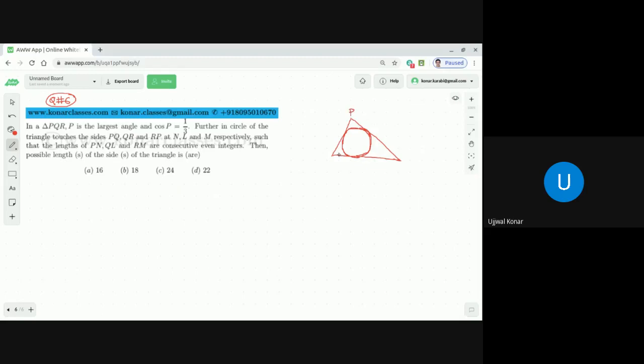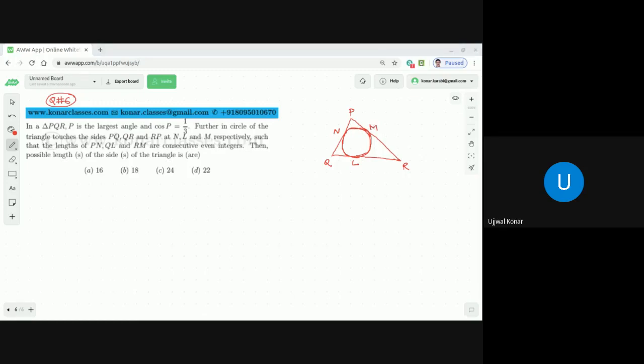So this is P, this is Q, and this is R. And the circle touches PQ at the point N, QR at the point L, and RP at the point M. Correct? So this is the thing, such that the lengths PN, QL, and RM are consecutive even integers.